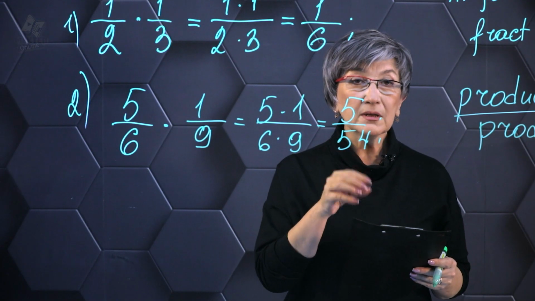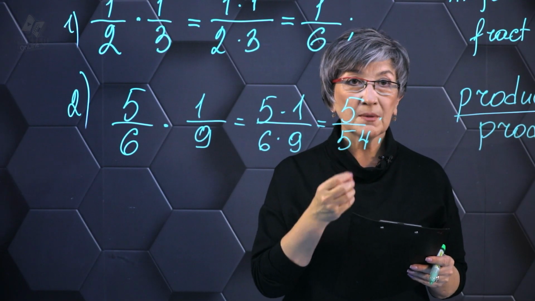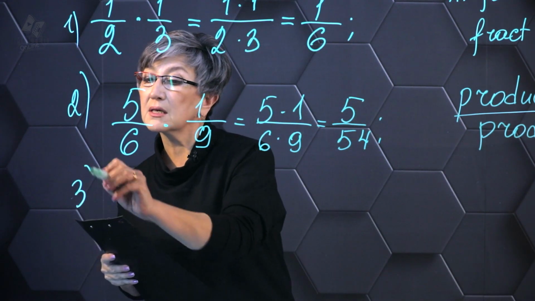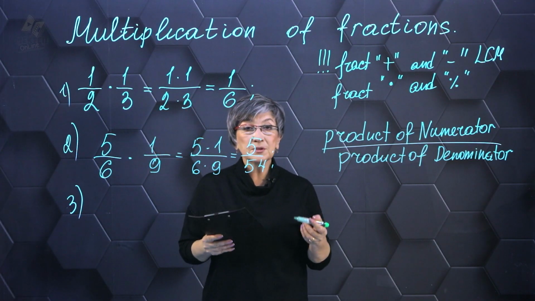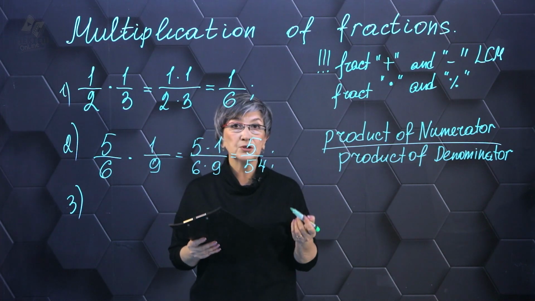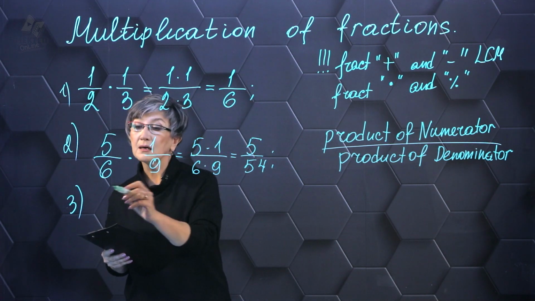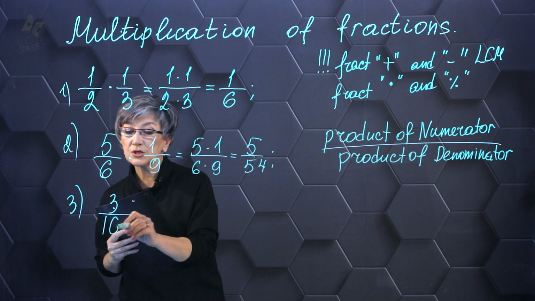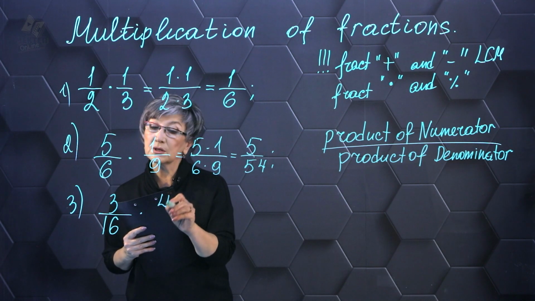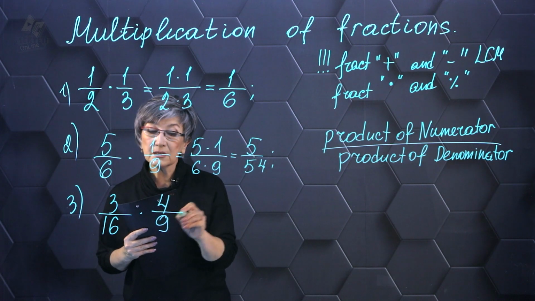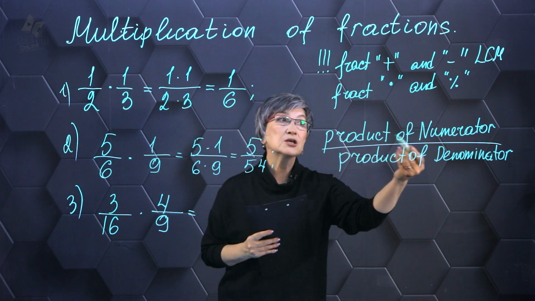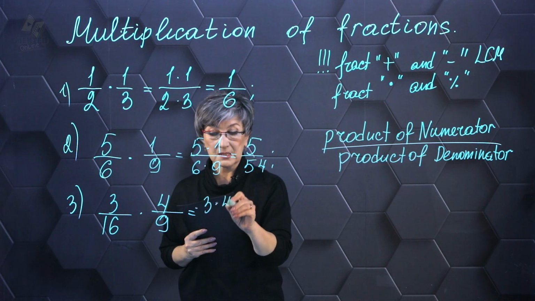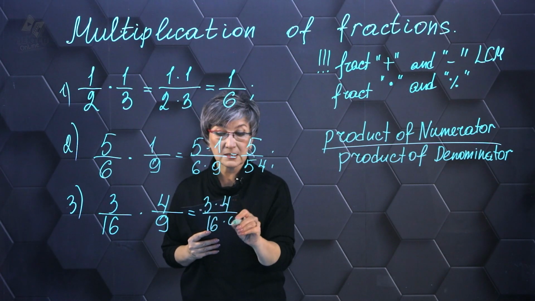Guys, the only rule you need to pay attention to when multiplying fractional numbers is the rule of reduction. So what do we have to reduce and why do we need to do it? If I want to multiply the next fractional numbers, then by our rule, I have to multiply the numerator by the numerator and the denominator by the denominator.